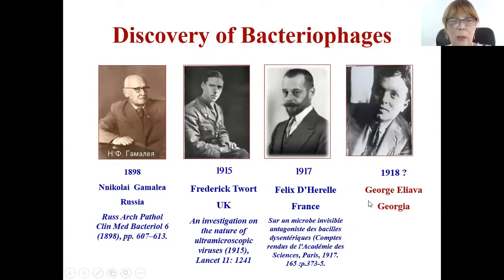Later on, Nikolai Gamaleya, a Ukrainian scientist who worked in the Pasteur Institute, also observed the self-lysis of Bacillus anthracis, and he was the one who published about this in the Russian Archives of Pathology and Clinical Medicine and Bacteriology already in 1898.